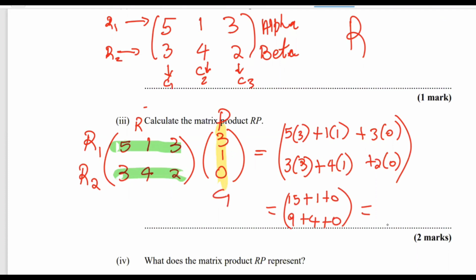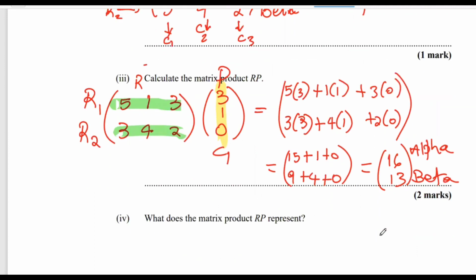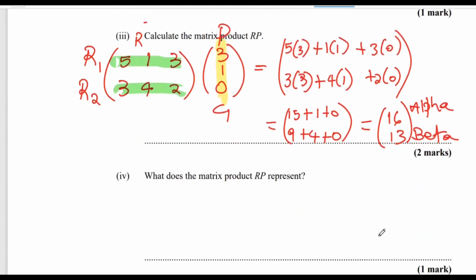Finally, 15 plus 1 plus 0 is 16, and then 9 plus 4 is 13. There it is. So Alpha represents the top and Beta the bottom. All right, so we got our 2 marks there for matrix multiplication.